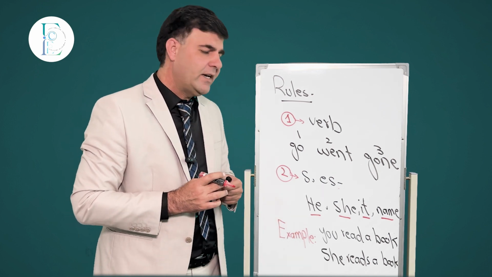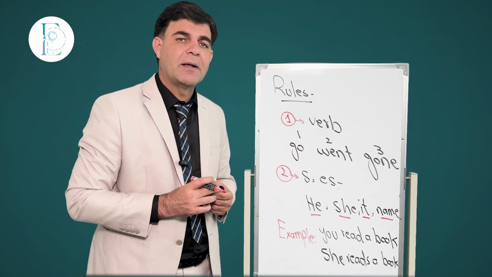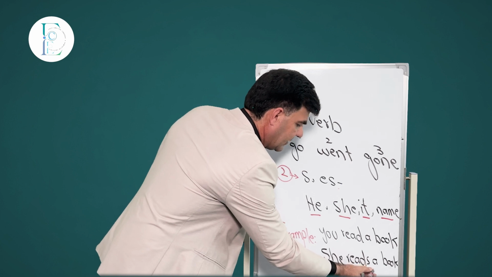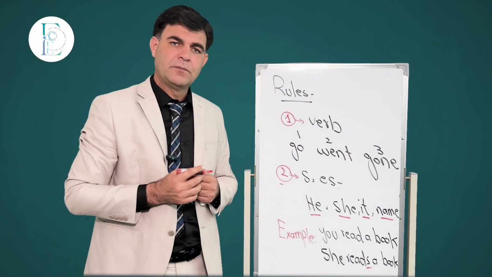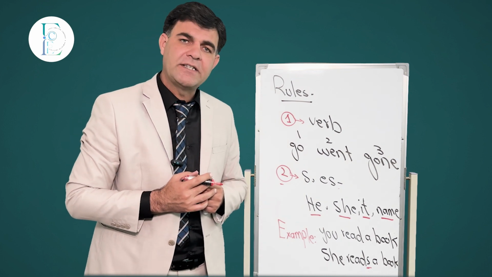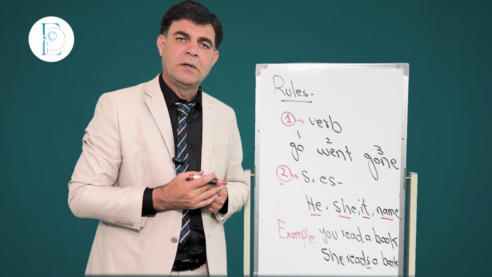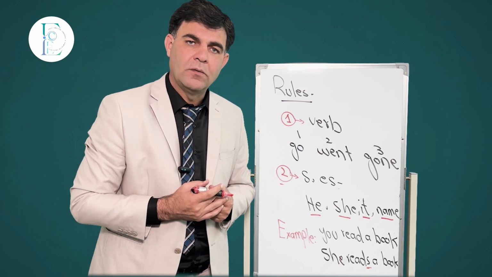Example: you read a book, it's okay. But if you put she reads the book, why do we put S? Because we know the rule. You read a book, she reads a book. I play football, Ali plays football.